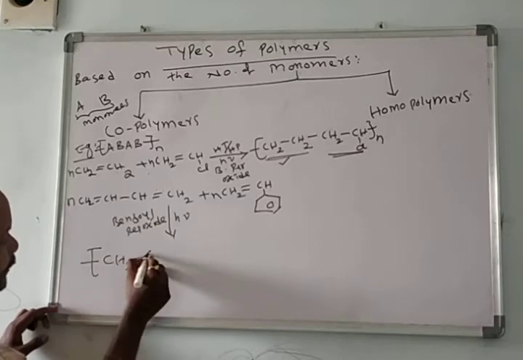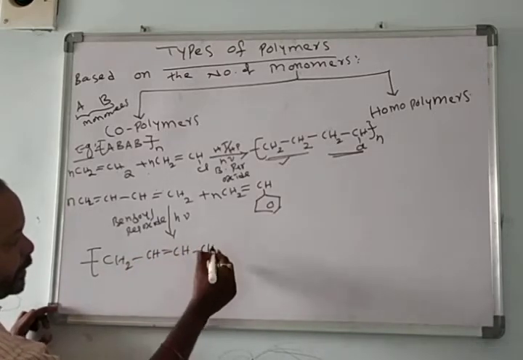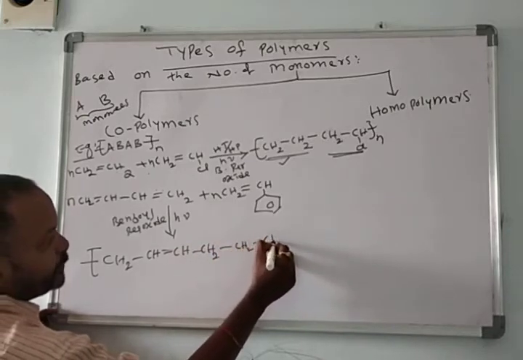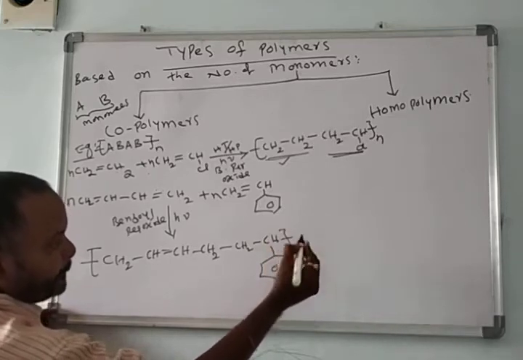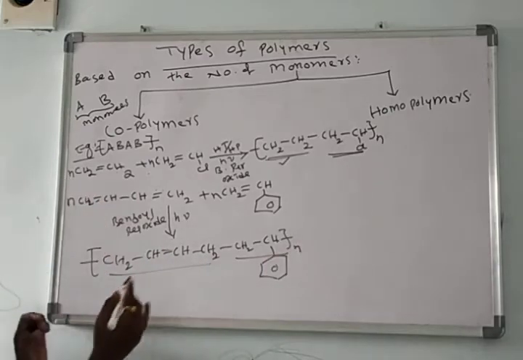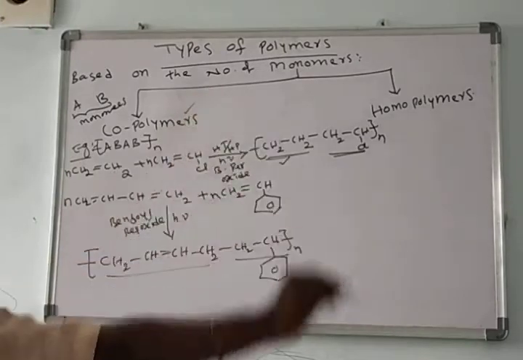1,3-butadiene styrene polymer. Here CH, double bond here, CH2, and here CH2, CH taken n times. This is the 1,3-butadiene part, this is the styrene part. It is prepared from two different monomers, so we call it a copolymer.